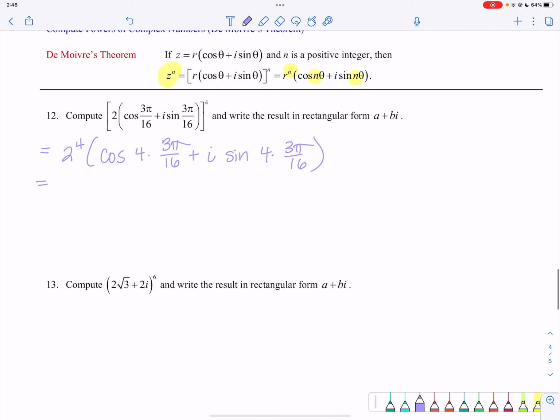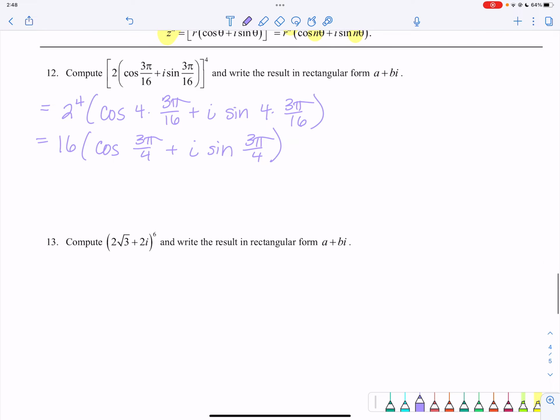And that comes up with 16, and we have the cosine, and simplifying that, you'll see that that's 3 pi over 4 plus I sine of 3 pi over 4.